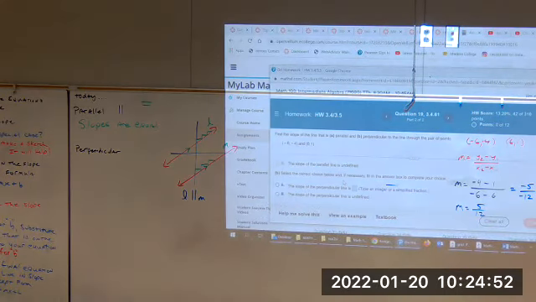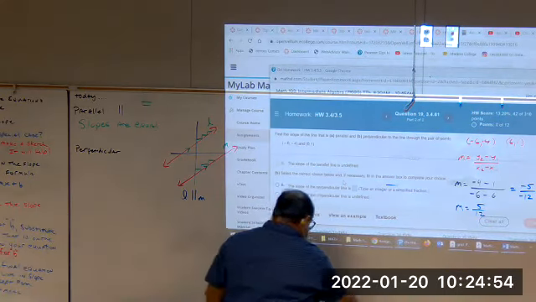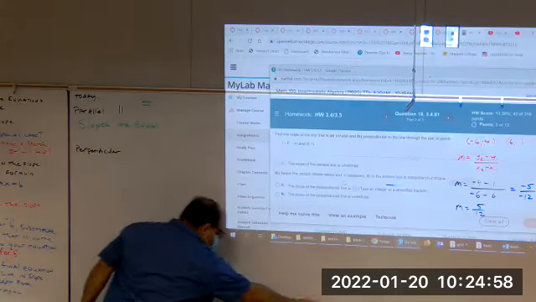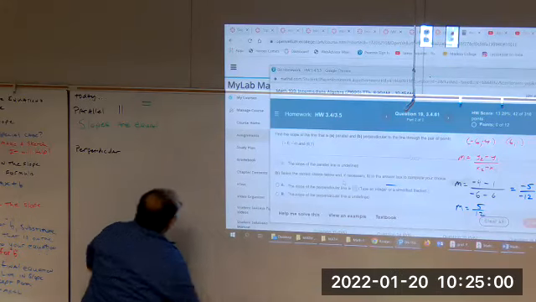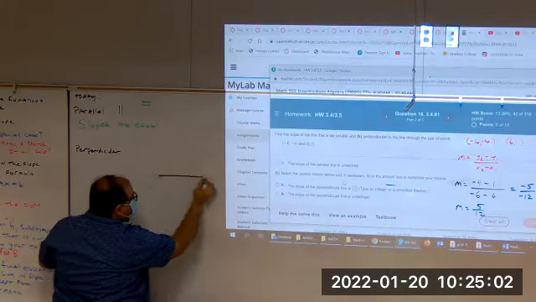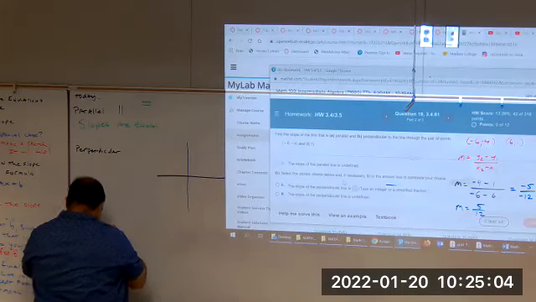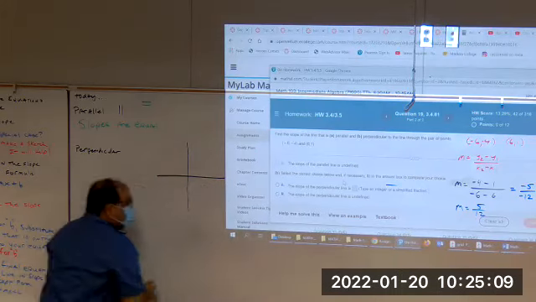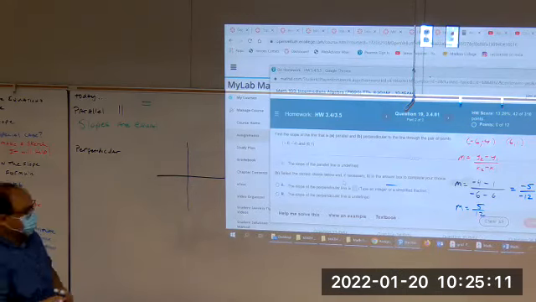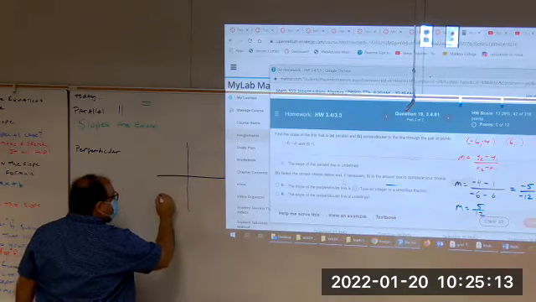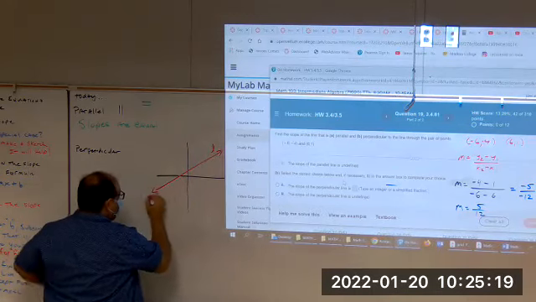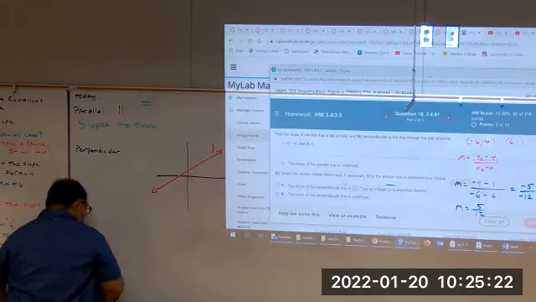But there's one more characteristic. Perpendicular would look like this. And I'm not going to draw horizontal and vertical. Let's look at another. Here's my first line, line sub 1, or my line L. And then here's my perpendicular line.